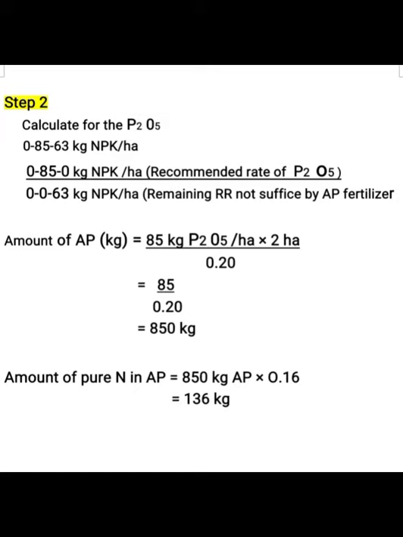I'm going to divide the pure phosphate needed in the hectare by 0.20 because the ammonium phosphate contains 20% phosphate. And I get 136 kg of ammonium phosphate, and that will need to be applied per hectare to suffice the 85 kg phosphate requirement.